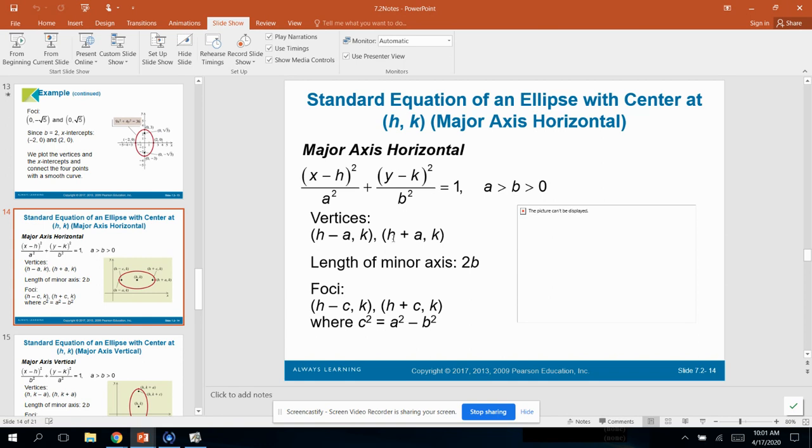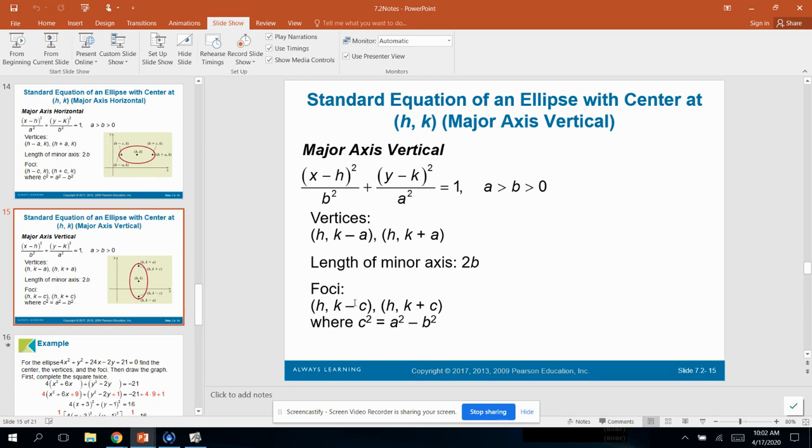These are the things you'll really need to know right here. And if you can see the picture here, I don't know if I could even make it zoom in. Like that says H, K, that says H plus C, K, H plus A, K, H minus C, K, and that says H minus A, K. And then there's this one as well.